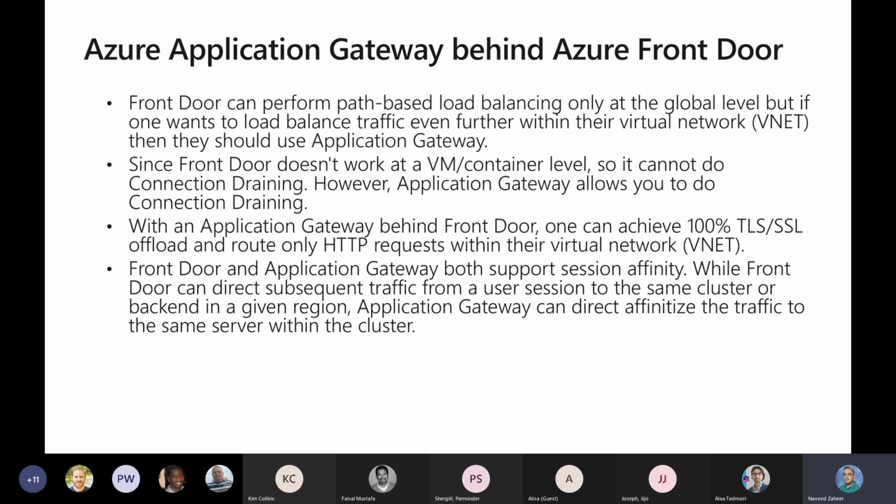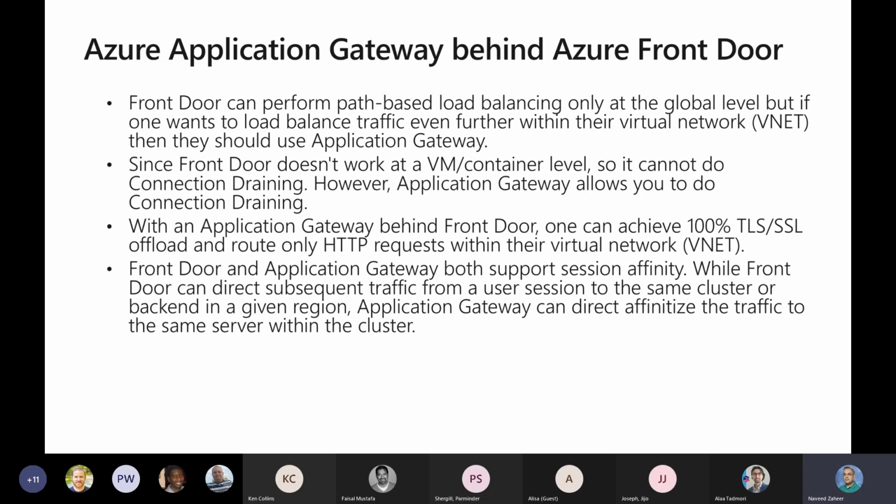Okay, and one thing I want to mention here that I think will come as an interesting point, and somebody has brought it up in a separate discussion: with front door, once it has the support for private endpoints, do we need to use app gateway if our application has to be cross region? The answer is maybe.